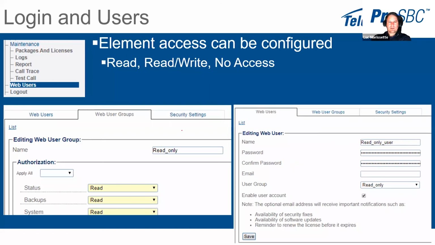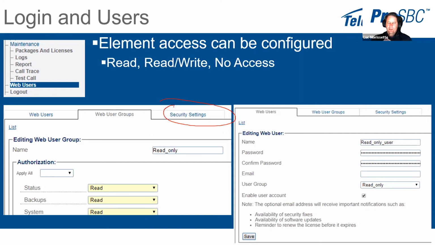If you go all the way to the bottom, you have another section called web users. Okay, in web users, what you have is three items. Let me start with the last one, which I don't have any snapshots of.